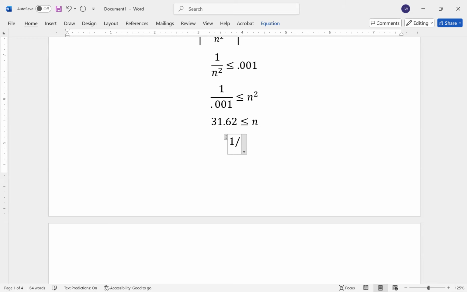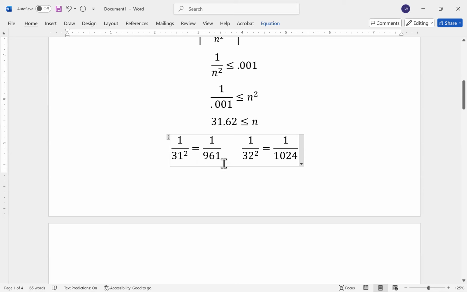Take 1 over 31 and square it, and then compare it to 1 over 32 when you square that. If I square 31, I get 961. So I get 1 over 961. That's not quite big enough for my remainder, but 1 over 32 squared is 1024. That is 1 over 1024.